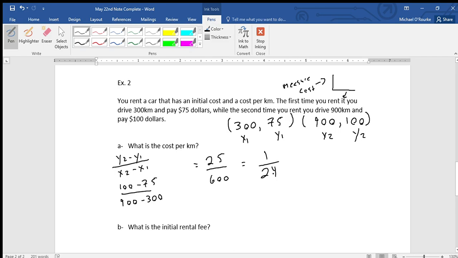Let me double check. 600 divided by 25 is 24. So 1 over 24.